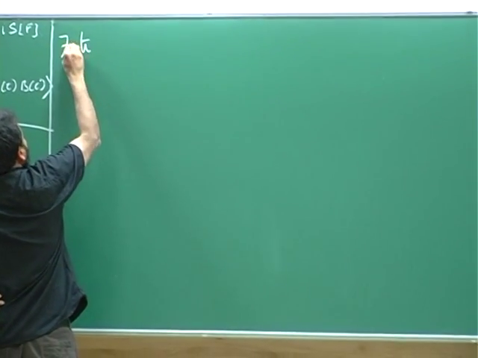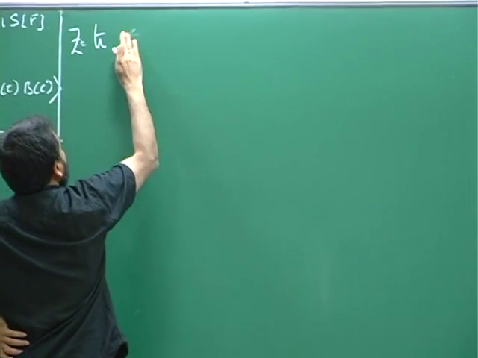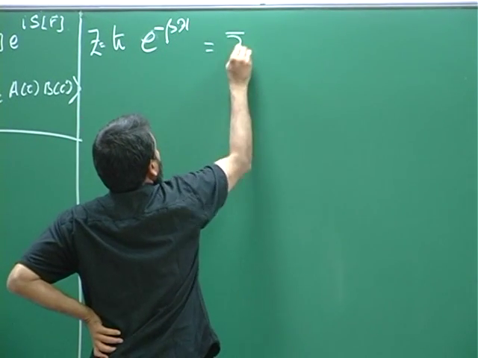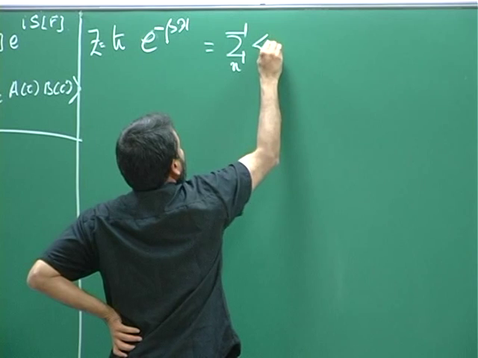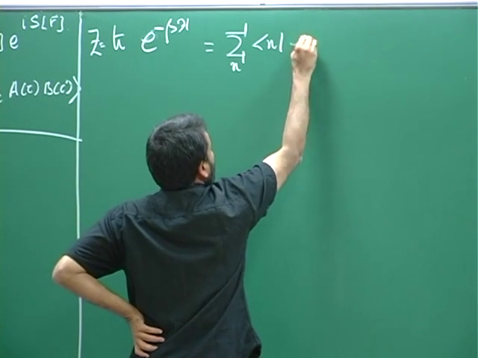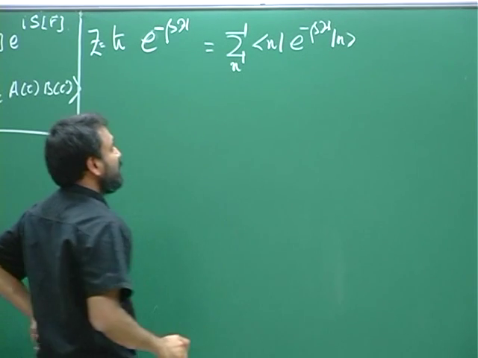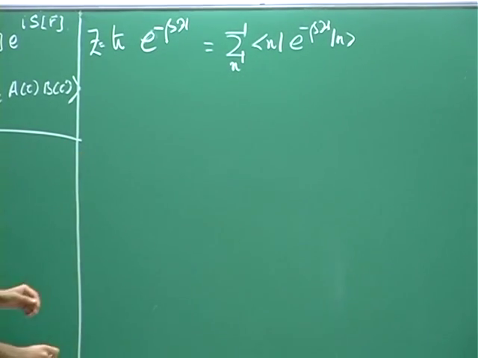So the partition function is the trace over this Boltzmann matrix, and for this trace you take a complete set of states, for example the eigenstates of the Hamiltonian, and you just take this object and sum over all the states.